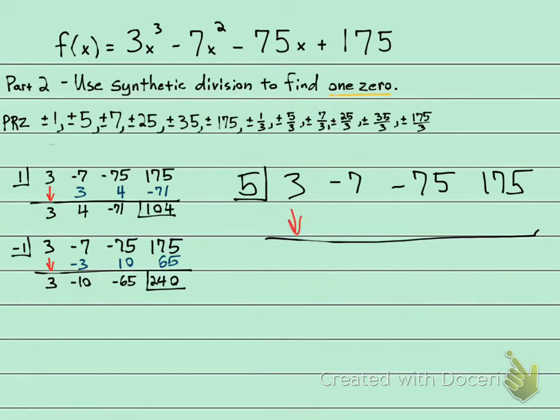Bring down the 3. 5 times 3 is 15. -7 plus 15 is 8. 5 times 8 is 40. -75 plus 40 is -35.